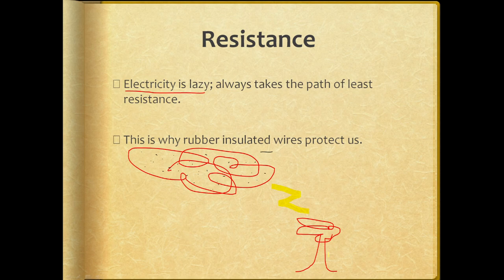So in general, try not to be the tallest object in a lightning storm or the most positively charged object in a lightning storm. But if hypothetically you could not avoid being electrocuted, being struck by lightning, there is something you can do to try to keep yourself safe.